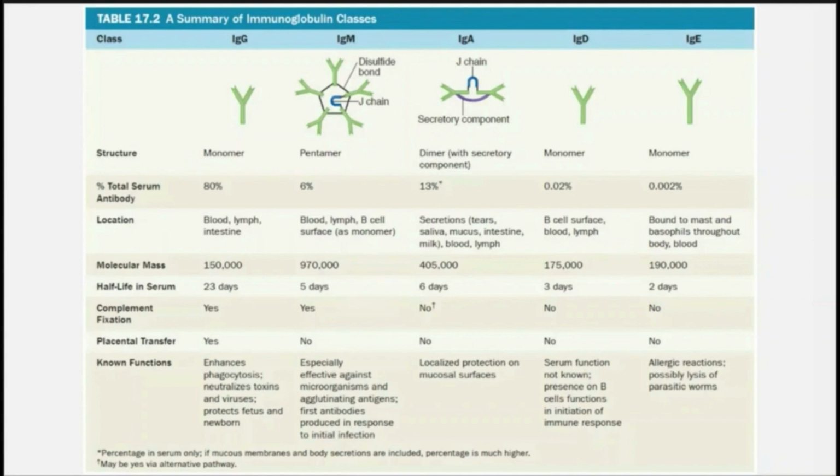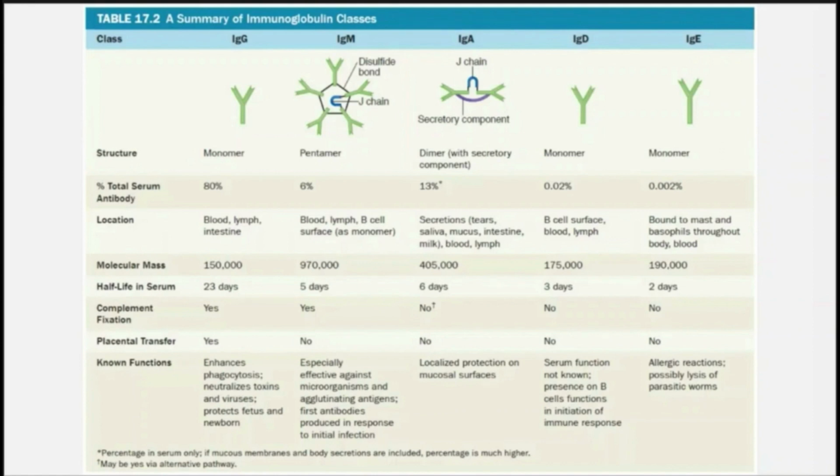IgAs are unique in that we discussed that they have the secretory element, so they can be localized for protection on mucosal membranes. And as we discussed, IgE is present and bound to mast and basophil cells that are responsible for histamine release.